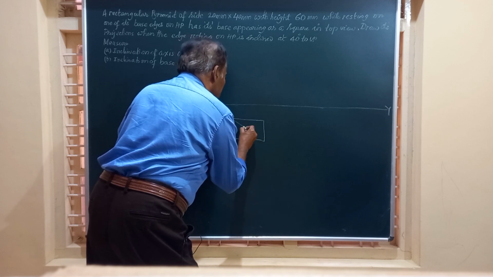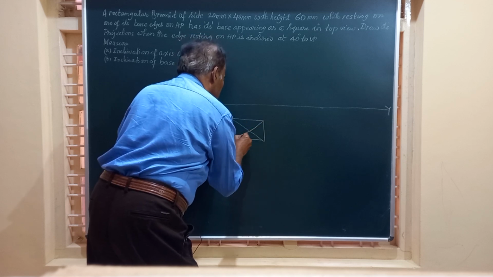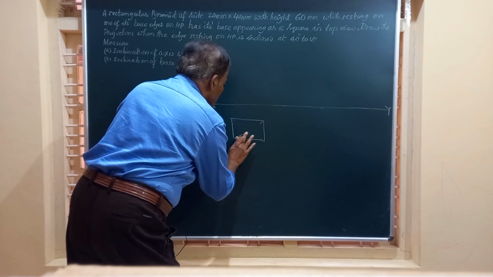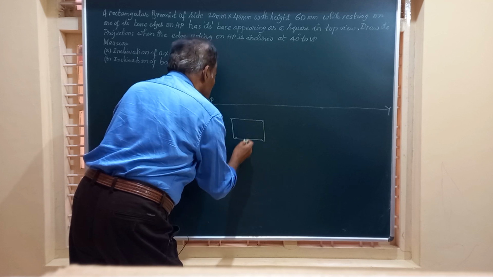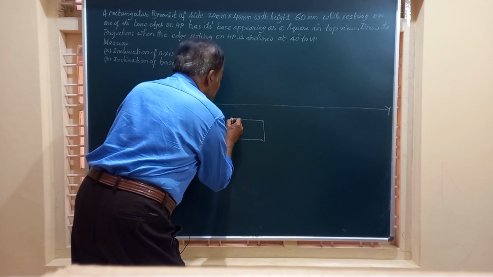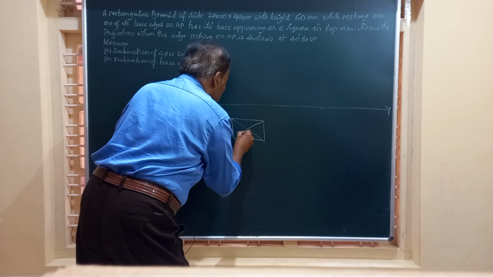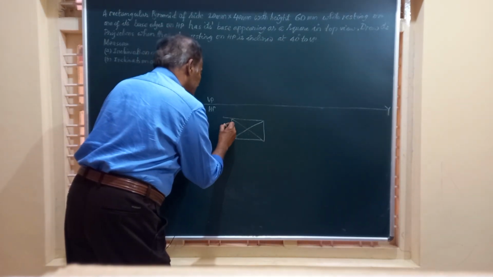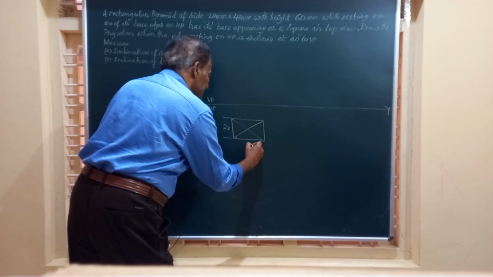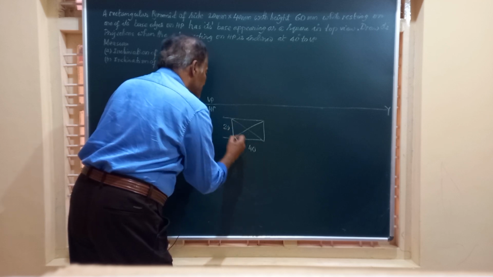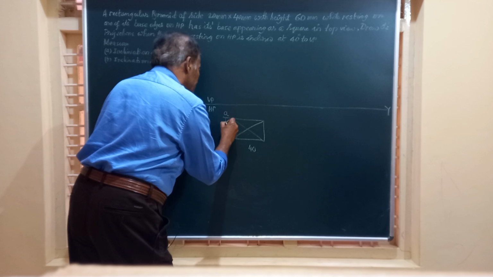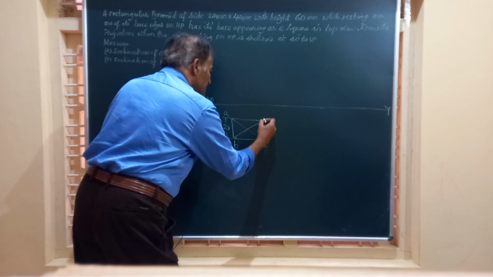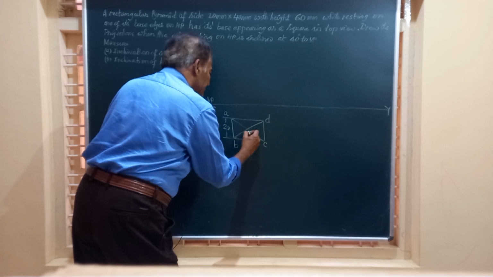So the corners are to be joined to the center of the base, and friends, you are going to get in the top view a rectangle of side 20 millimeter by 40 millimeter, and let us name these corners as A, B, C and D. O is the vertex.